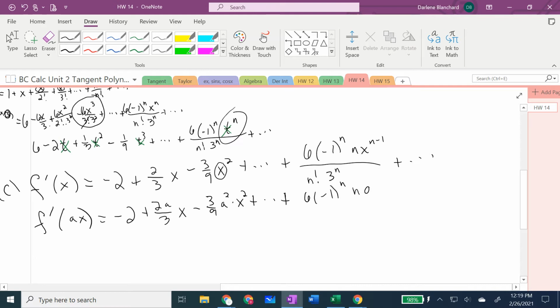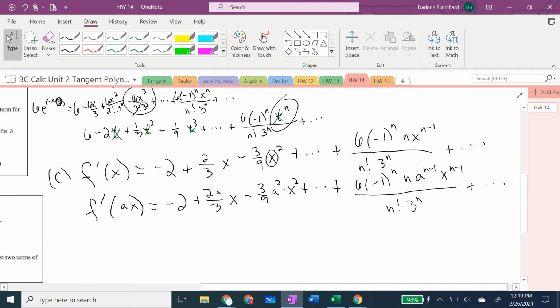And then here I will get a to the n minus 1 times x to the n minus 1. And everything else will stay exactly the same. With multiplying by k, I'm just going to go times k, and put it wherever.